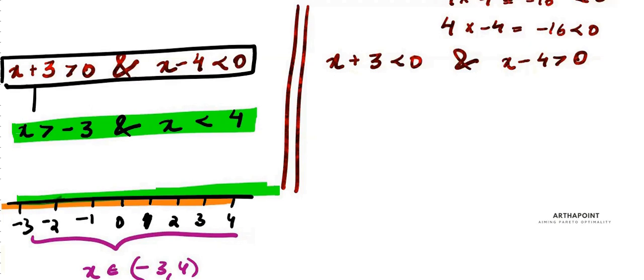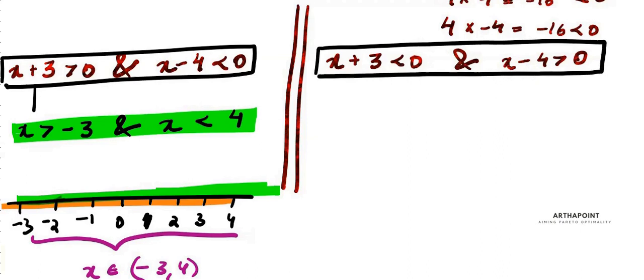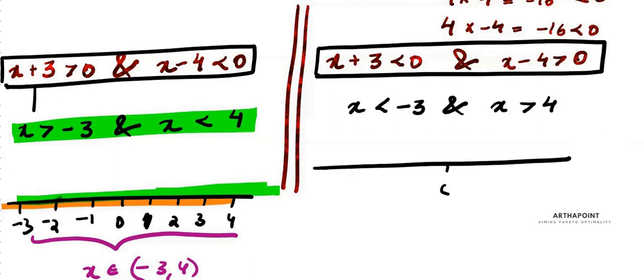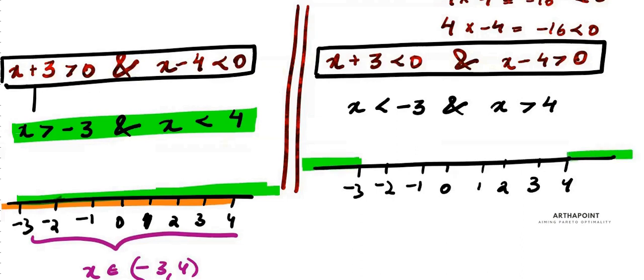Now take the other one. If I have to satisfy these two equations simultaneously, this means x should be less than minus 3 and x should be greater than 4. So if I plot these on the number line 0, 1, 2, 3, 4, minus 1, minus 2, minus 3, x should be less than minus 3 and x should be greater than 4.